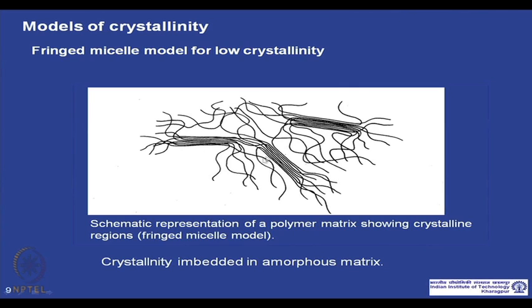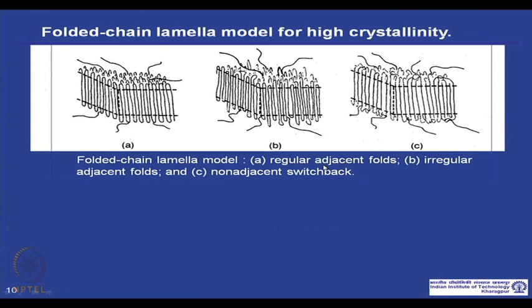So, crystalline regions are embedded in these amorphous regions which are not crystalline. The other models, just like I was explaining, can form folded chains and align themselves to form a highly crystalline material, and there are different models available like regular adjacent folds, irregular adjacent folds and non-adjacent switchboards.